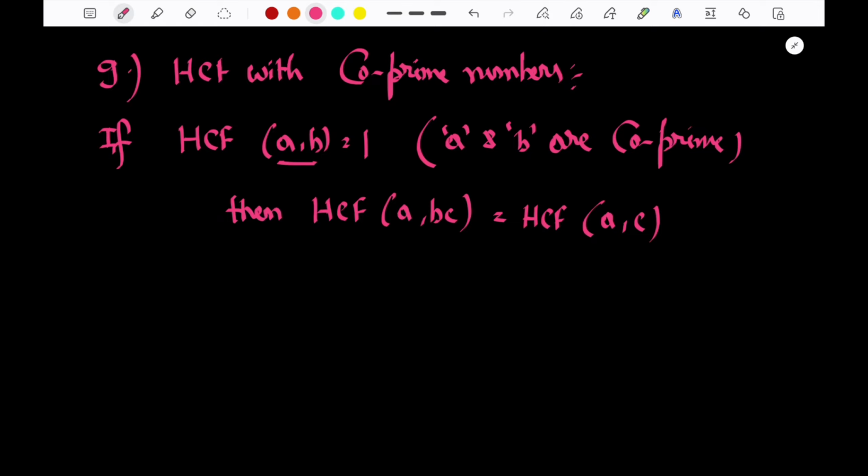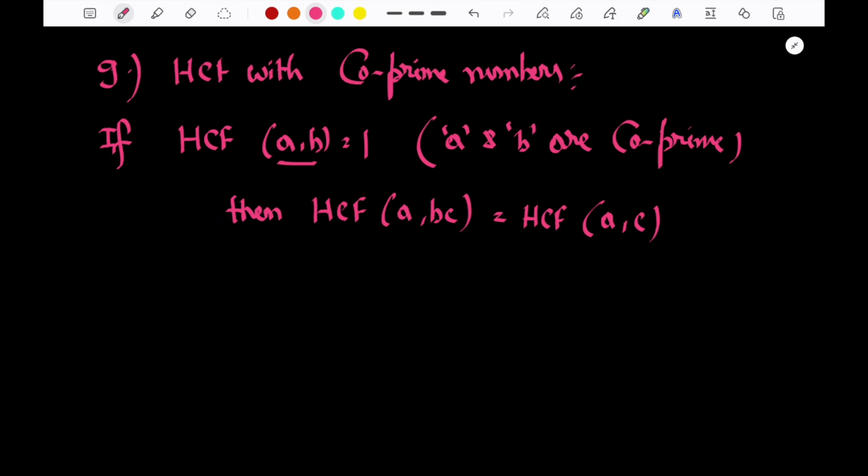A comma B has no common prime factors. So if there has to be an HCF of A comma BC, all the necessary common factors must come from A and C only, since A and B have no factors in common.